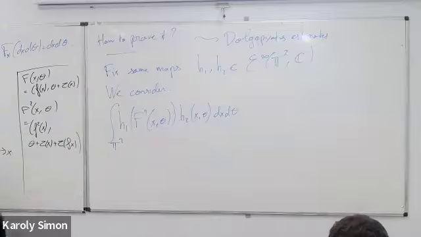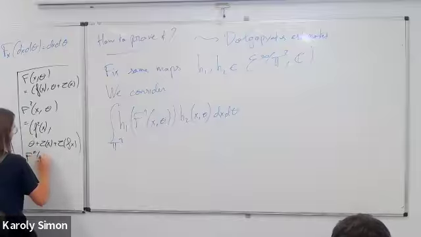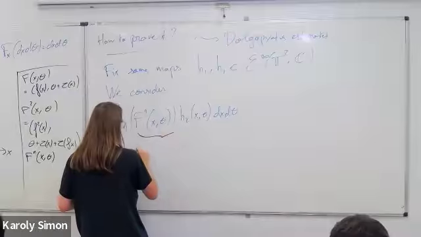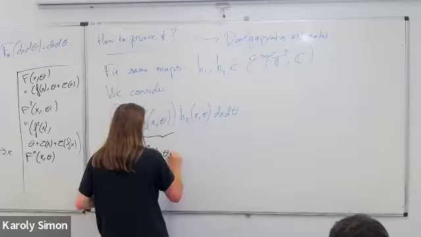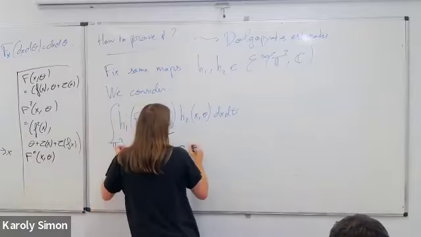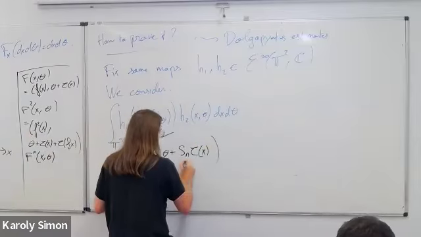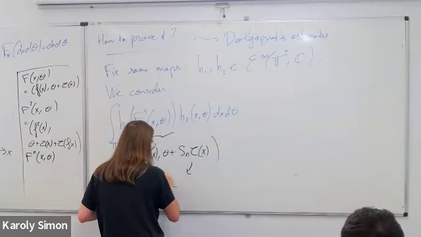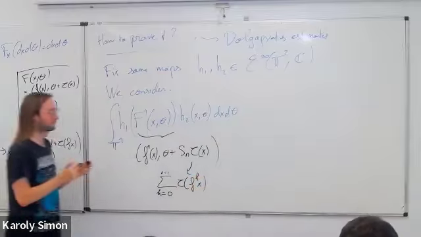And if you iterate again, n times, you will get f^n of x, theta plus a sum that I will call S_n tau, which is just the sum for k between 0 and n minus 1 of tau of f^k of x.